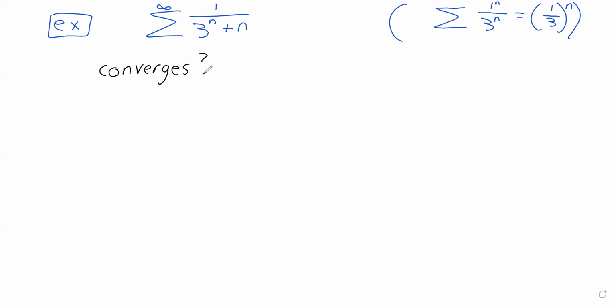We have to say, it looks like a convergent series, so we think it converges. So if we want to use the limit comparison test, we need to find a bigger convergent series. And then we have to sort of mess around with this.